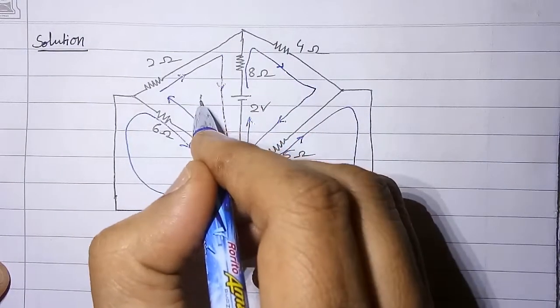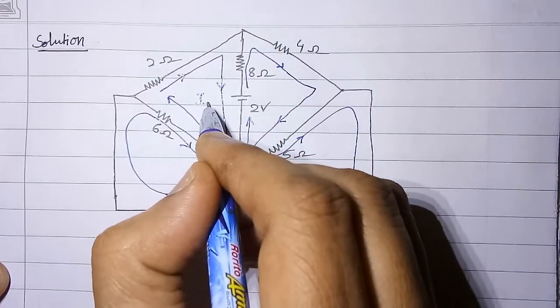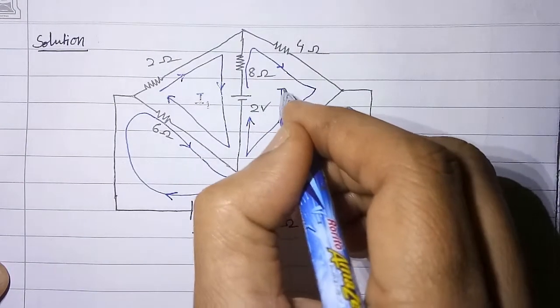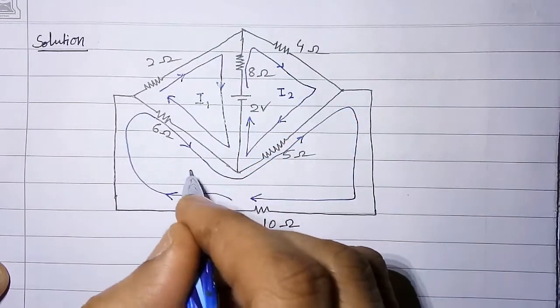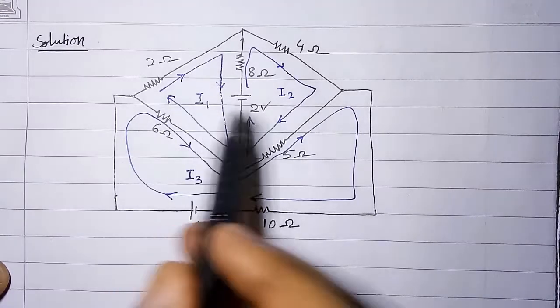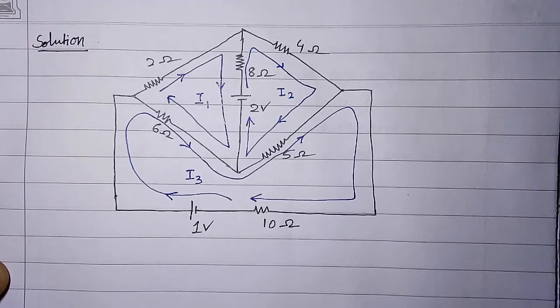Let us call first mesh current as I1, second mesh current as I2 and third mesh current as I3. Now we will apply KVL to each mesh and write the equations.